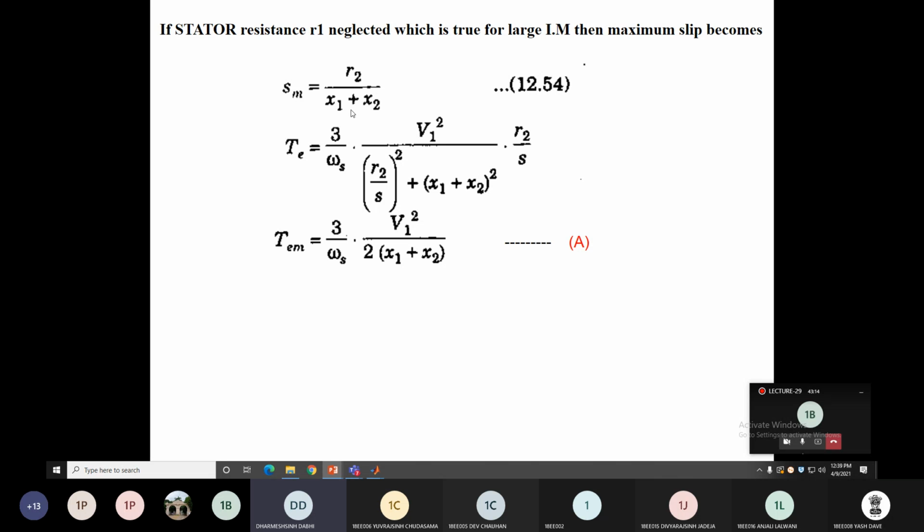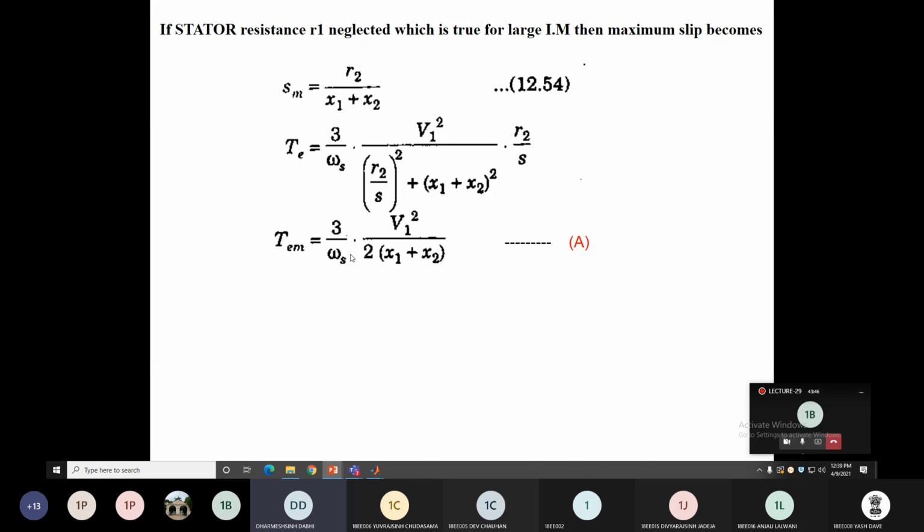If we put this in the equation of torque, the torque equation becomes this, named equation A. You can see that the torque is directly proportional to the square of the supply voltage V1, and inversely proportional to omega s, the supply synchronous speed in radians per second.